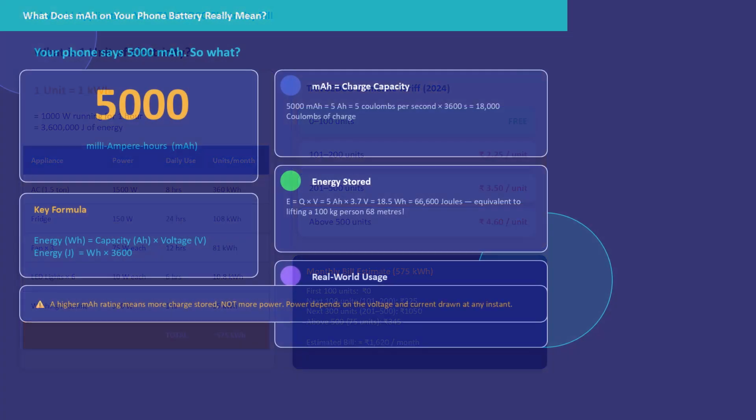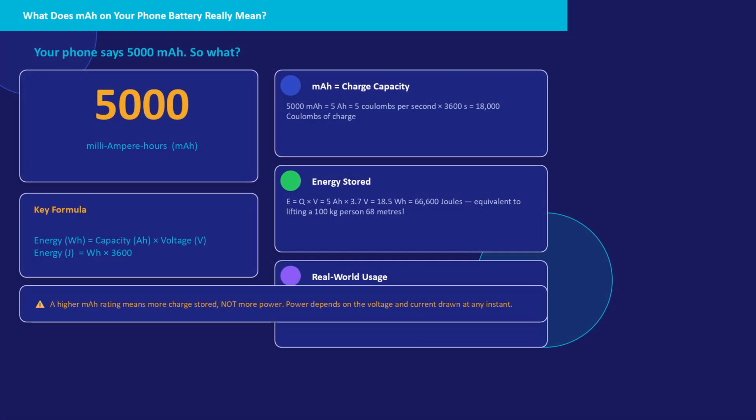Every time you look at your phone's battery, you see milliampere hours. 5,000 milliampere hours means the battery can deliver a current of 5 amperes or 5,000 milliamperes for 1 hour continuously. Converting to energy, multiply charge by voltage. A typical lithium cell is 3.7 volts.